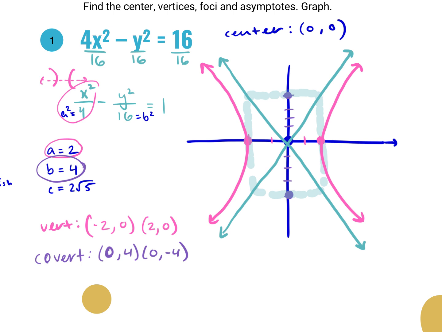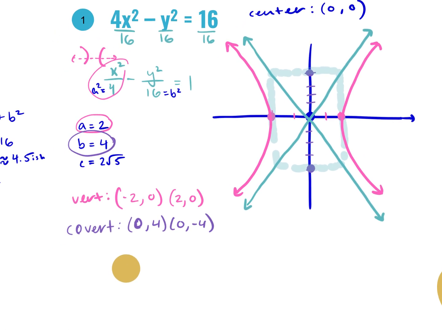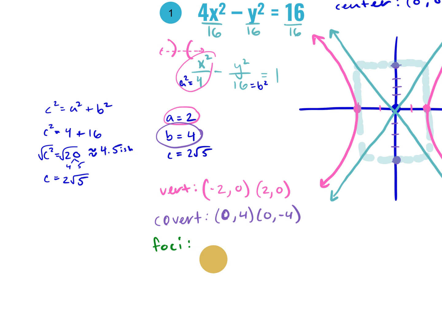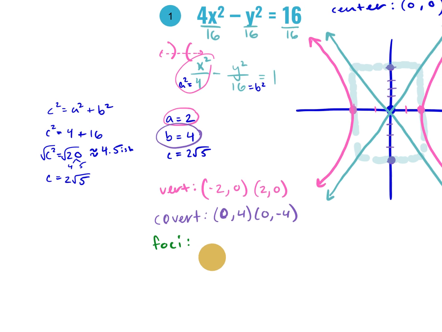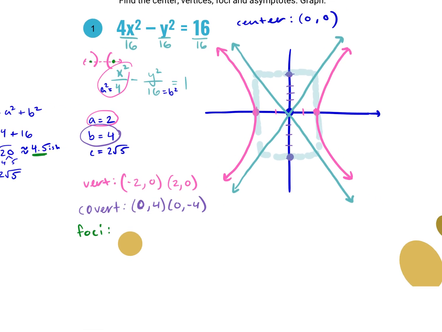Next, let's find our foci. So our foci, we go from the center. They're going to be on our transverse axis, so they go left and right. And we said we go about 4.5-ish, that was 2 square root 5. So I'm going to go to the right, 4.5-ish. It's about there.